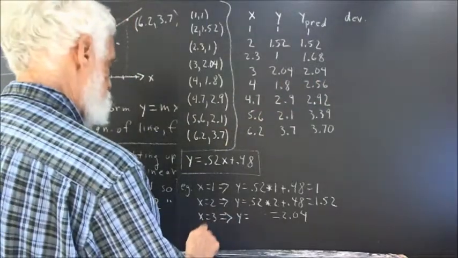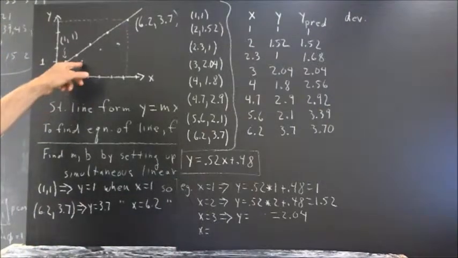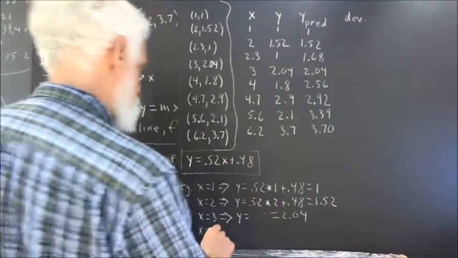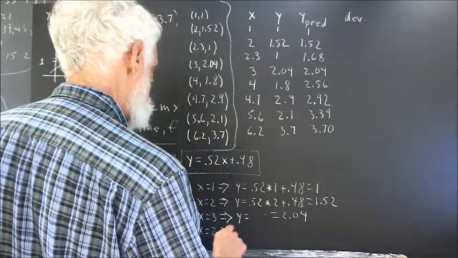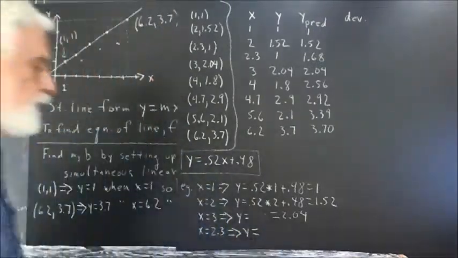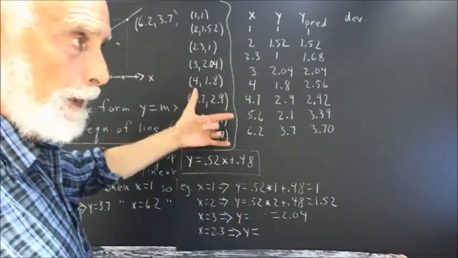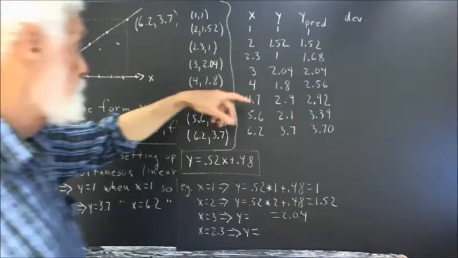Now, let's come back to this point, which I estimated to have an x coordinate of 2.3. That implies that y equals, well, you can plug 2.3 into this equation, and you can verify, and if I'm wrong, you can correct me.